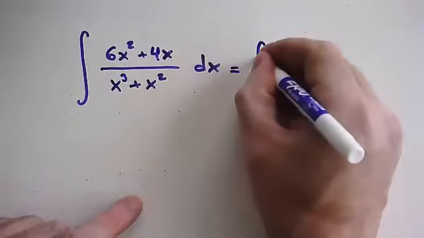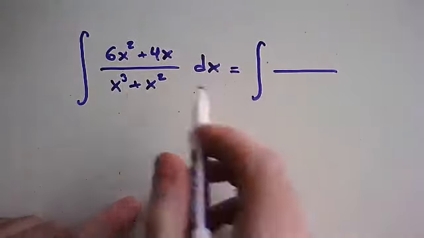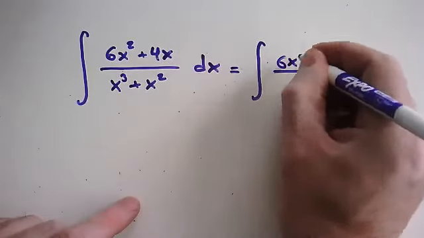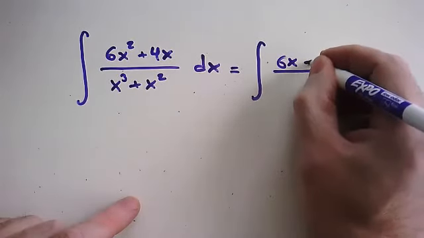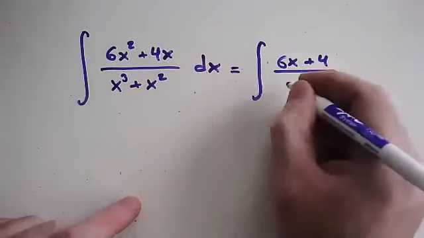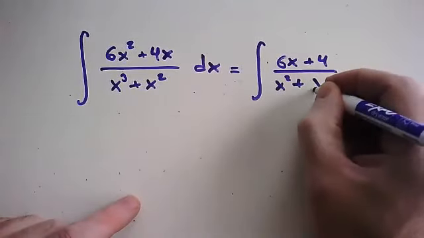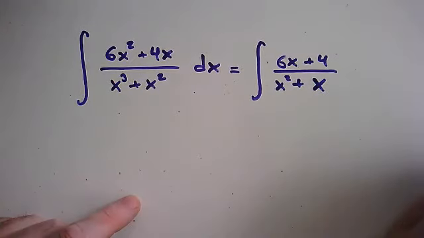So before I do any calc, I could divide the numerator and the denominator by x, and then I'd have 6x plus 4 in the numerator, and x squared plus x in the denominator, I think, right?